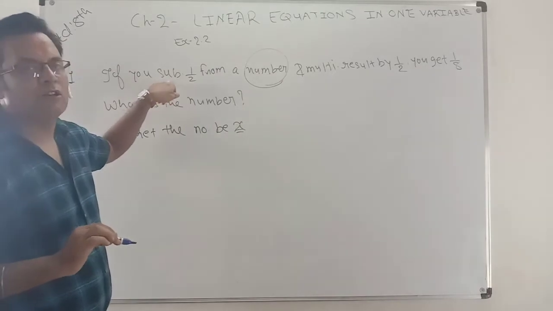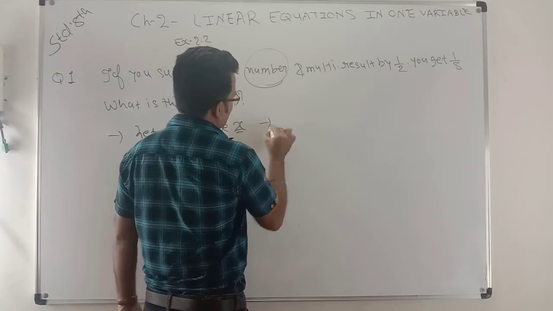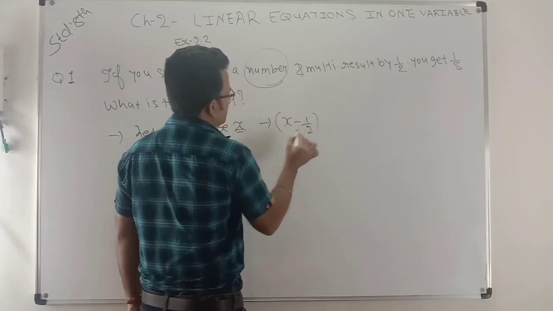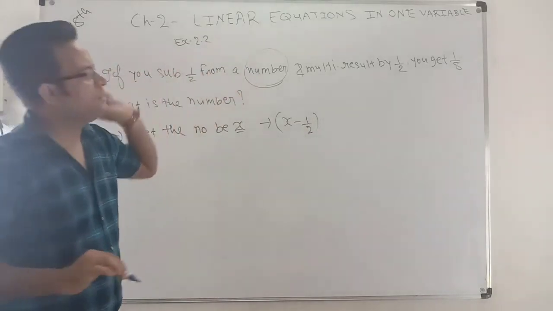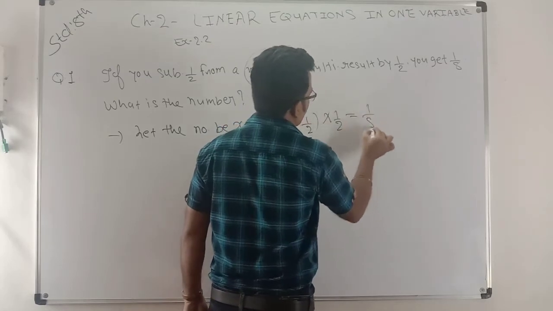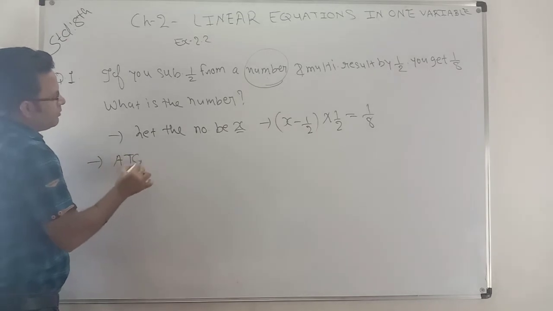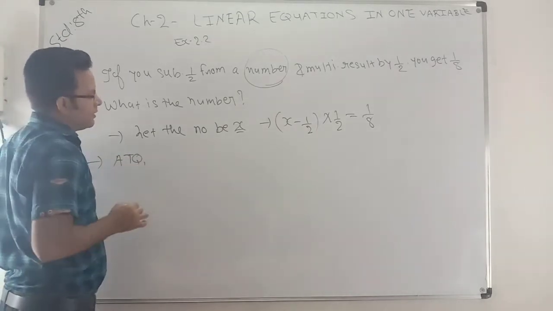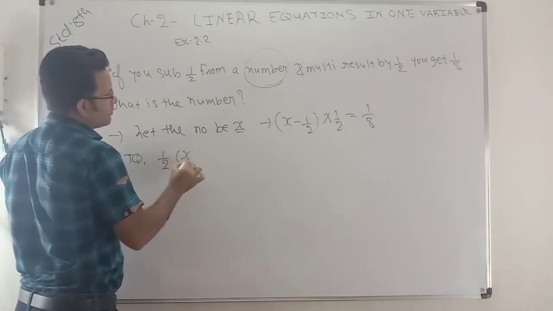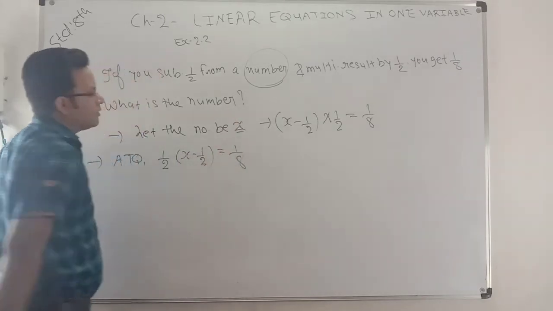Okay, now our number is x. Now subtract 1 upon 2 means subtract half from a number. So it will be x minus 1 upon 2, and then multiply the result by 1 upon 2 and you get 1 upon 8. So according to question, half into x minus 1 upon 2 is equal to 1 upon 8.